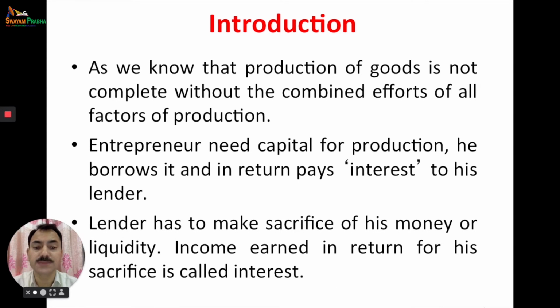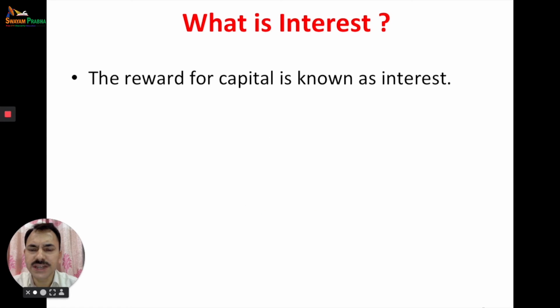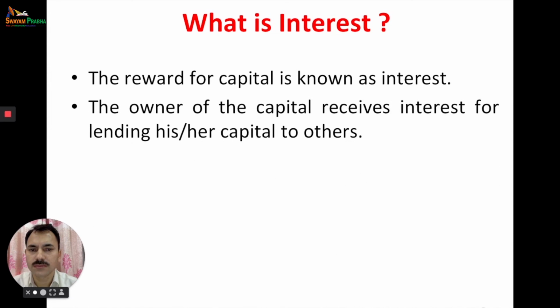The lender has to make some sacrifice of his money or liquidity, and the income earned in return for his sacrifice is called interest. Basically, interest is the reward for capital. Payment made for the use of capital is interest. The owner of capital receives interest for lending his or her capital to others.